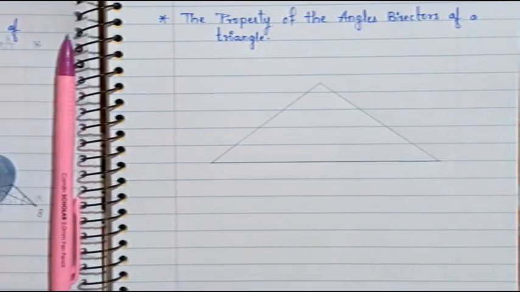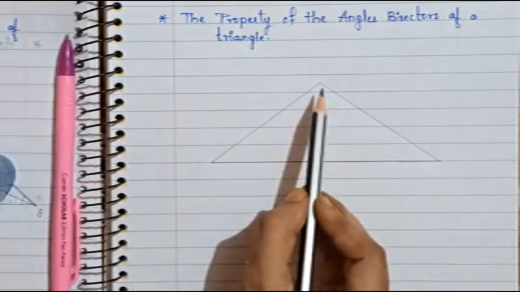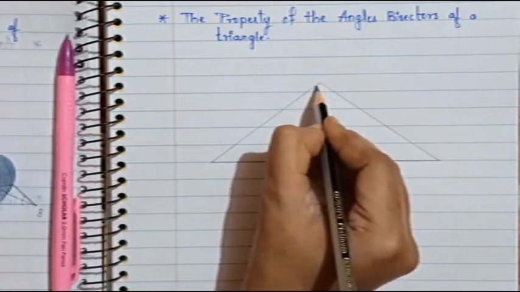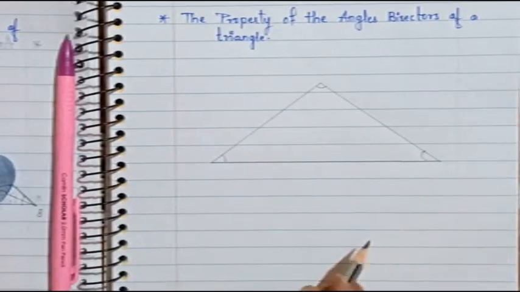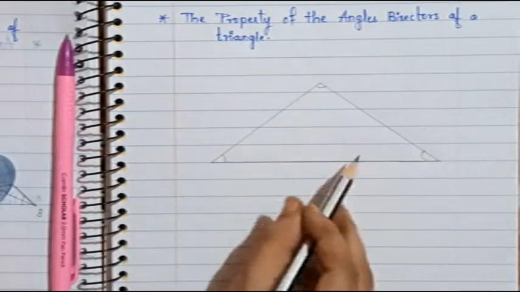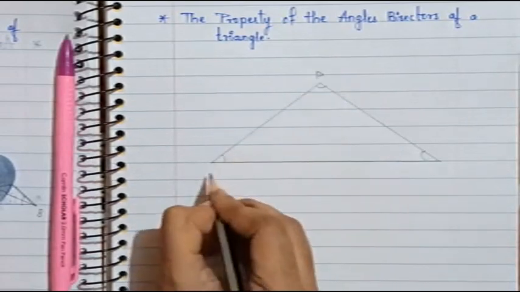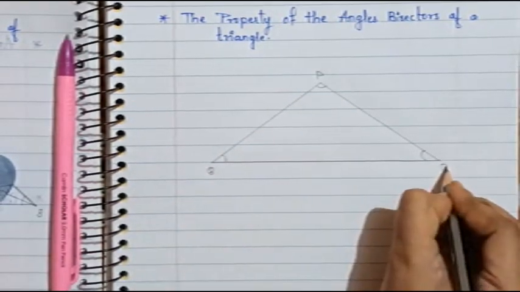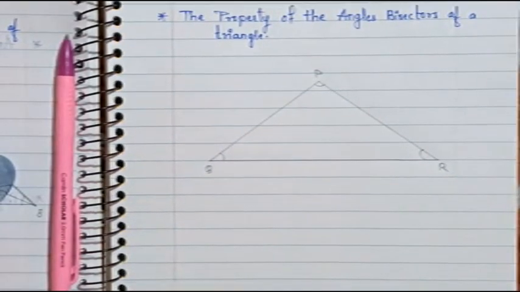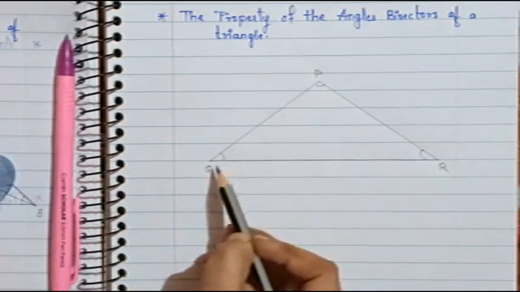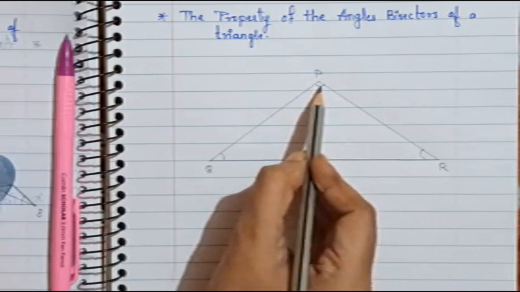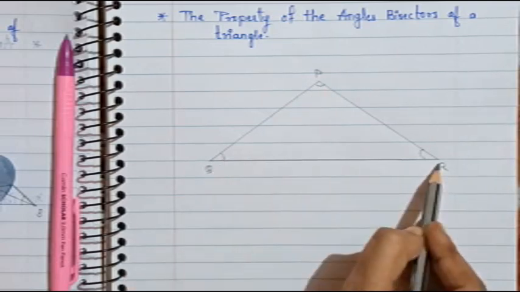This is a triangle. Now students, you all know that in a triangle there are three angles. This is one angle, this is another, and this is the third angle. I'll name this triangle P, Q, R, and this triangle PQR has three angles, that is angle P, angle Q, and angle R.